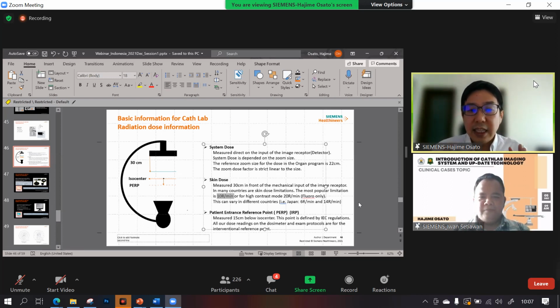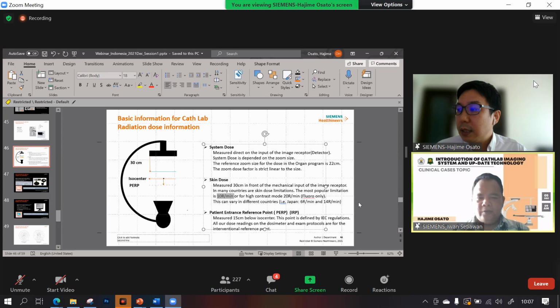But it is up to the doctor's perspective whether the image impression is acceptable or not. So we have to make a good relationship between the customer and the application specialist, and look for a certain acceptable value as well.